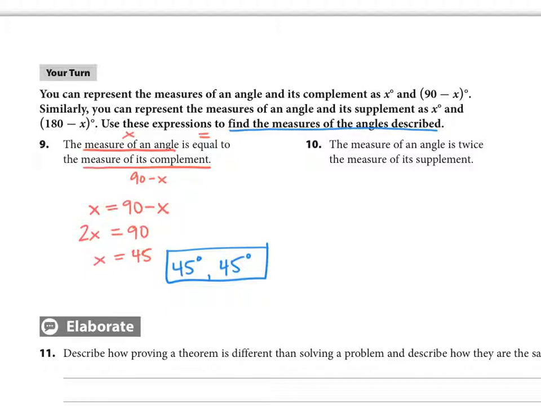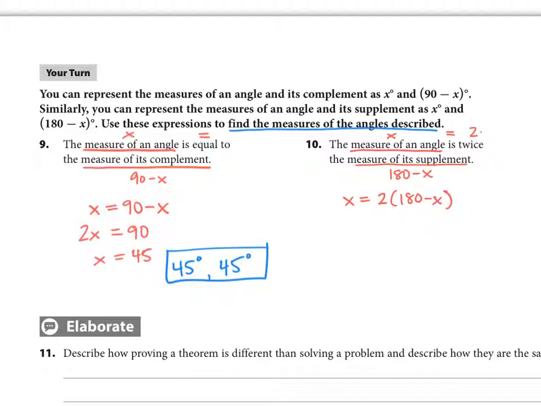All right, let's work out number 10. The measure of an angle, we can label that as x, equals twice, that is 2 times, the measure of its supplement, and that is 180 minus x. Our equation is x equals 2 times that whole supplement measure, 180 minus x.